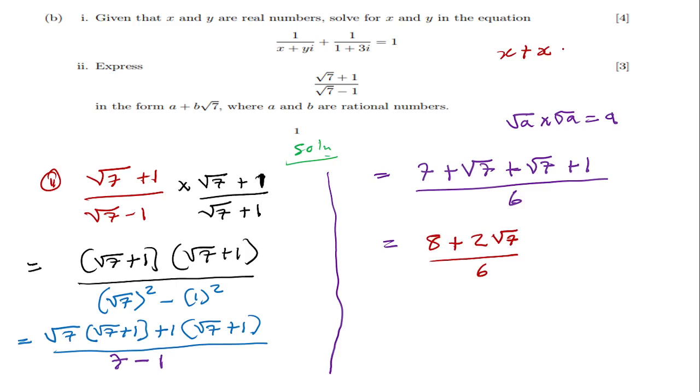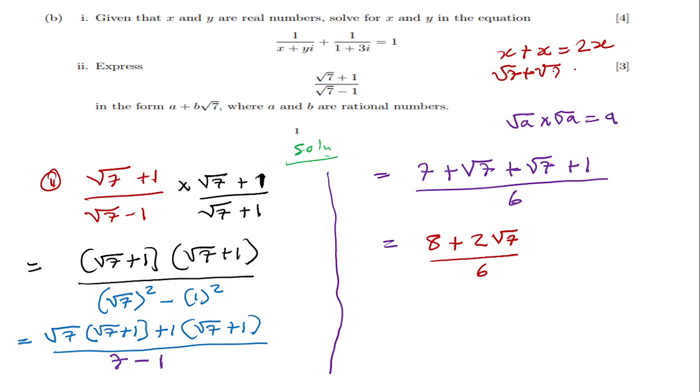Same applies with square root 7 plus square root 7. The answer is 2 square root 7. With that in mind, you can just simply change these guys here in that form. So we're going to say 8 over 6 plus 2 over 6 square root 7.